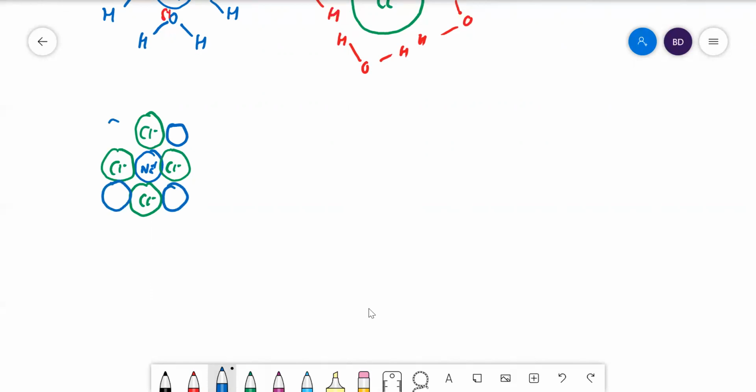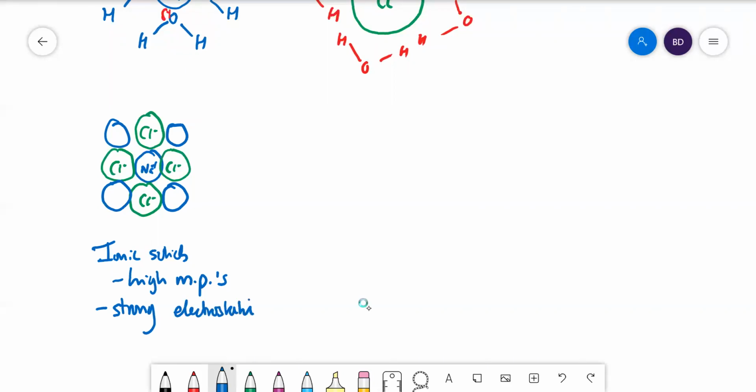Now, what do we say about ionic solids in year 10 when you're doing structure and bonding? They have high melting points, and you explain that because you've got strong electrostatic attractions between the positive sodium ions and the negative chloride ions.